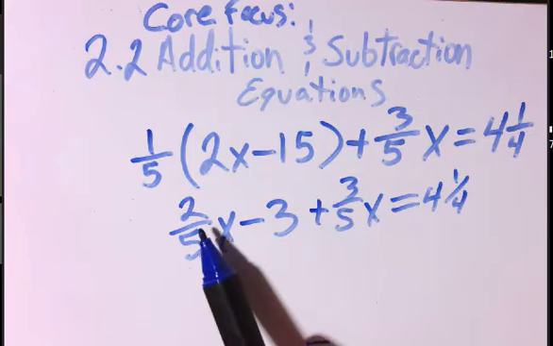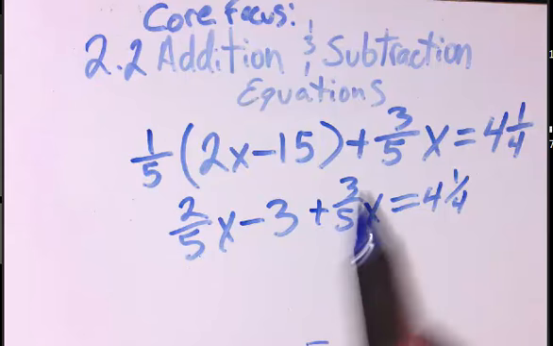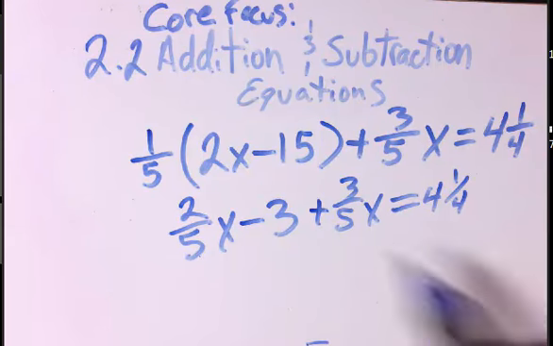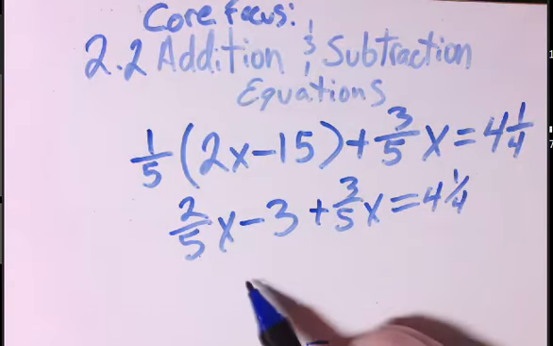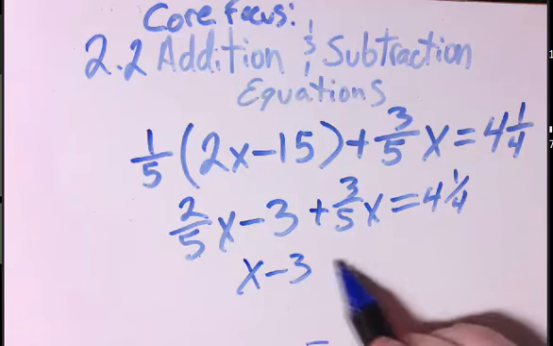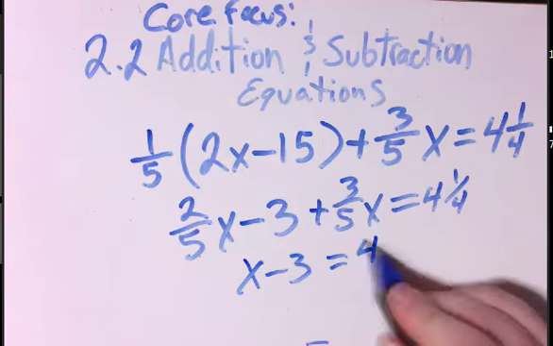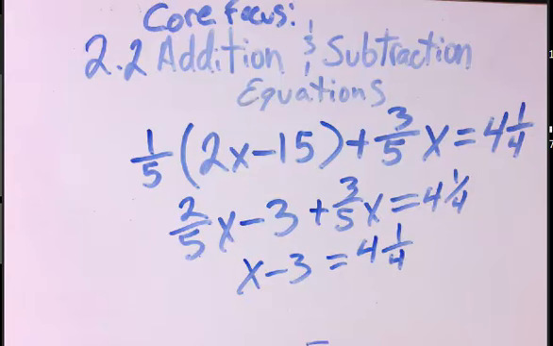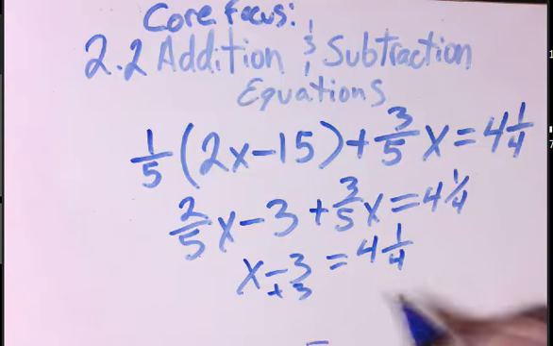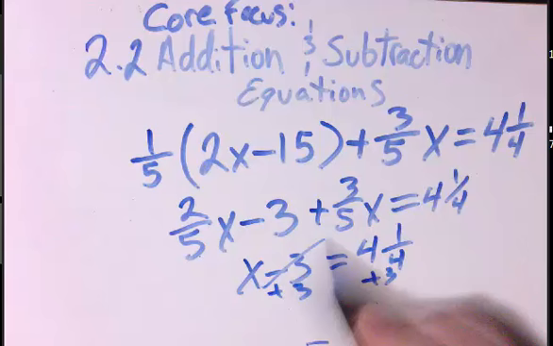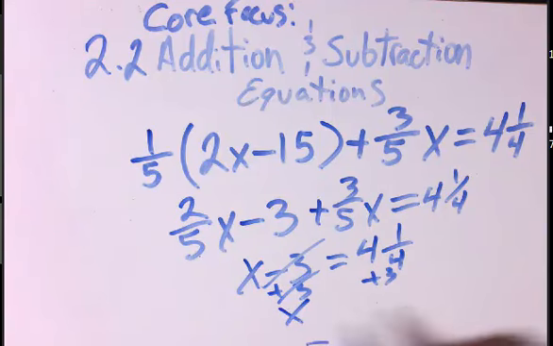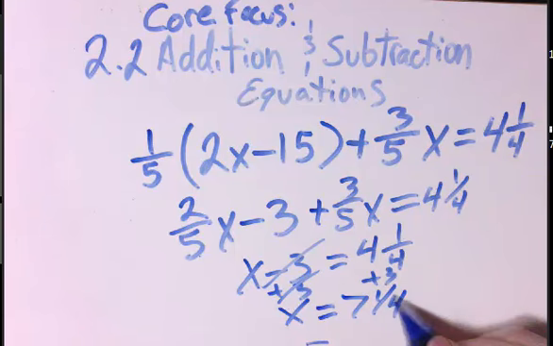You have 2/5 plus 3/5, which gives you 1. So you're going to have x minus 3 is equal to 4 1/4. You can add 3 to both sides. So then x is going to equal 7 1/4.